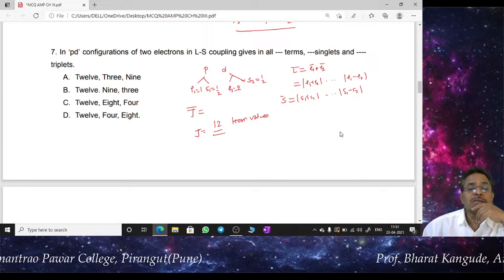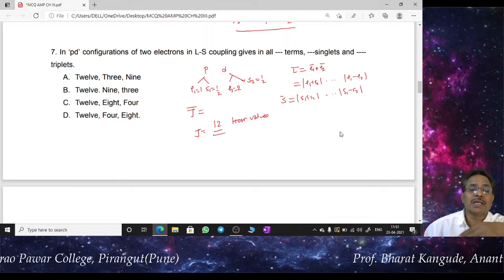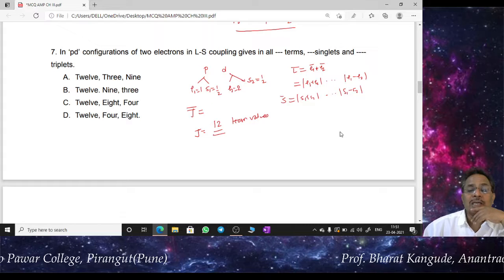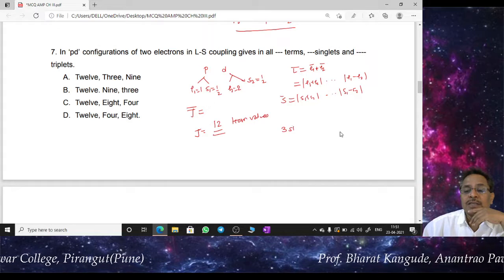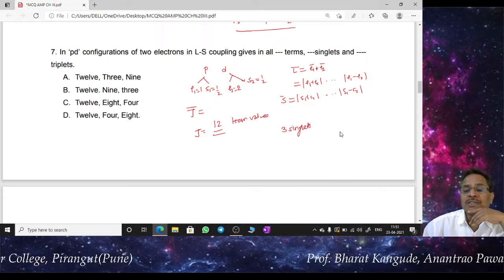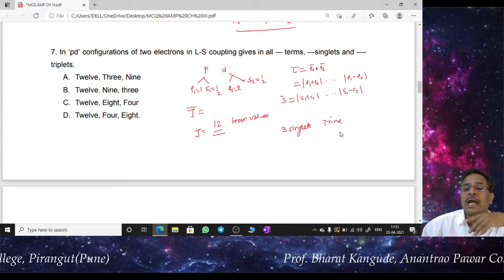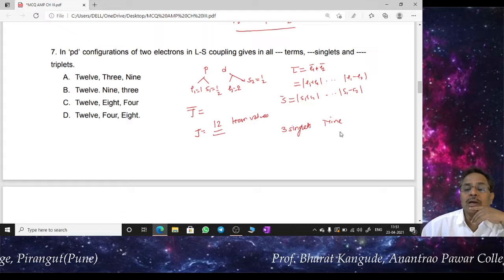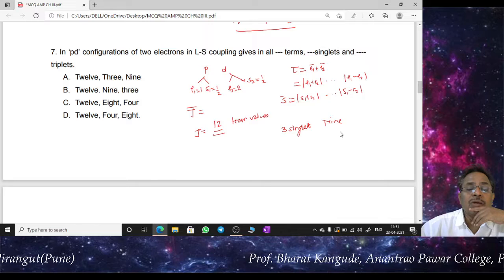Out of that, we can do this entire calculation in the theory as well, and it shows three singlets are there. We can get all the singlets if we have time, and we get 9 triplets, and in total 12 singlets and triplets are possible. So that is how we get 12 total terms.